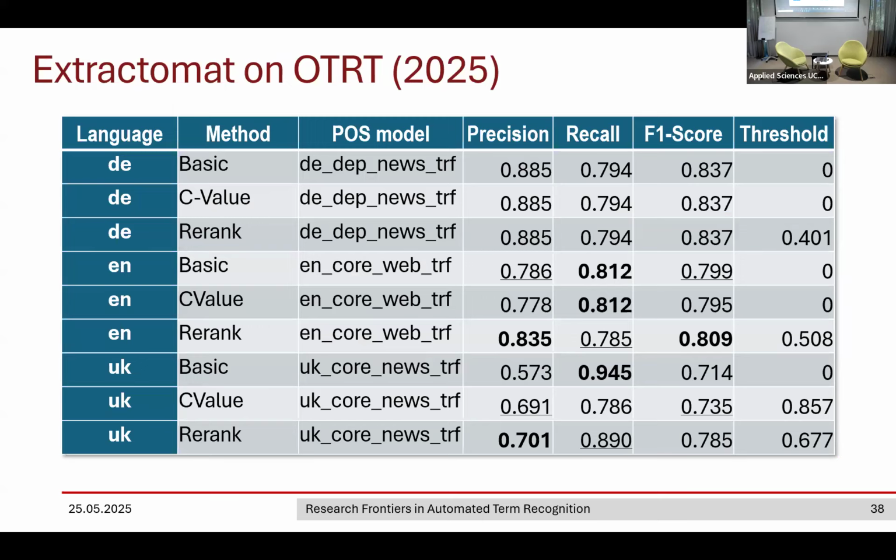Extractomat on this very small indicative data set worked quite well. So for English, that was the F1 score, which is much better than the previous leaderboard I have demonstrated, though it could not be directly compared because the data sets are different.